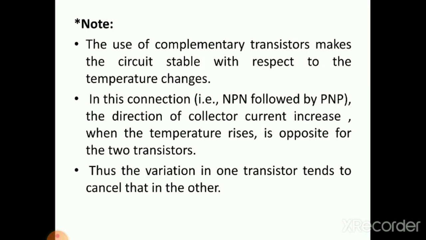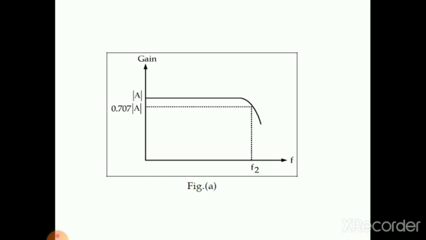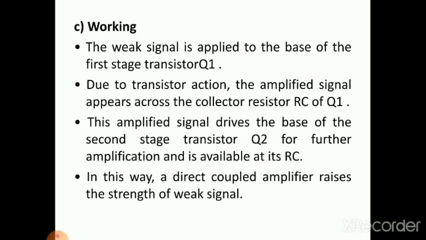In the frequency response, there is no lower cutoff frequency because the frequency range itself is very low, less than 10 Hz. So there is only the upper high cutoff frequency, and it has a good frequency response within that particular frequency.